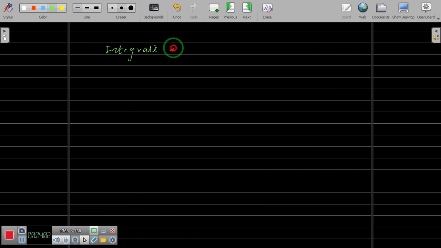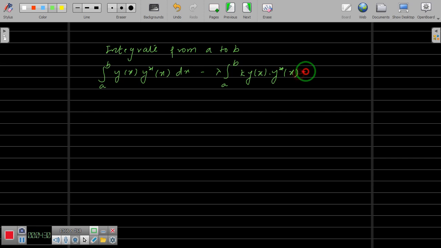When you integrate, you will have integral a to b y of x y star of x dx minus lambda integral a to b k y of x y star of x dx is equal to, you remember ky of x is the integral, that's what we have denoted.